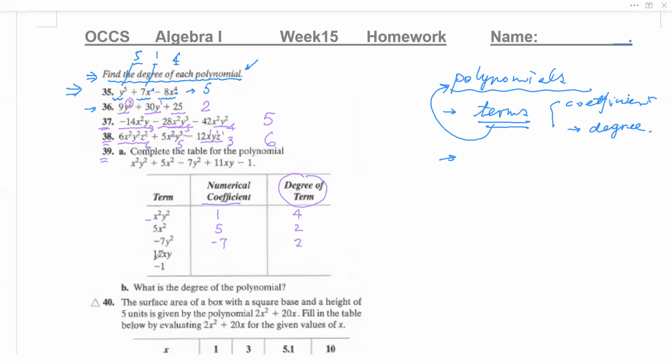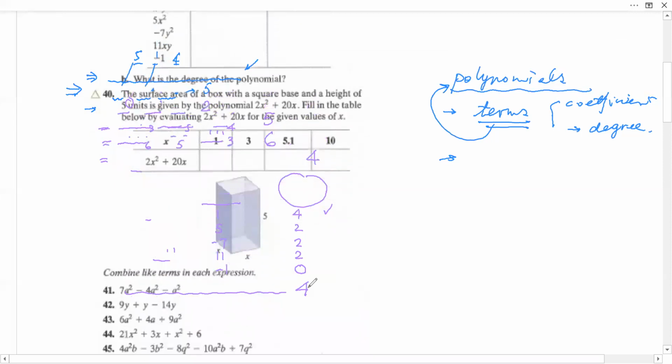The fourth one, coefficient is 11, degree is 1 plus 1, so you got 2. And the last one, the coefficient is -1, there's no variable, so degree is 0. So overall, the maximum is 4, the first one. So the degree of this polynomial is 4. Let's move on to 40.